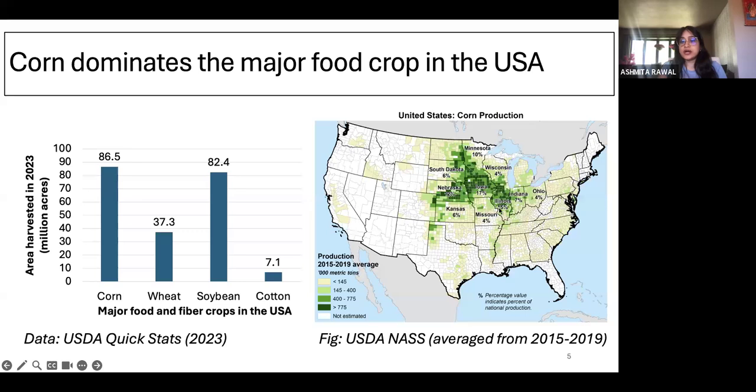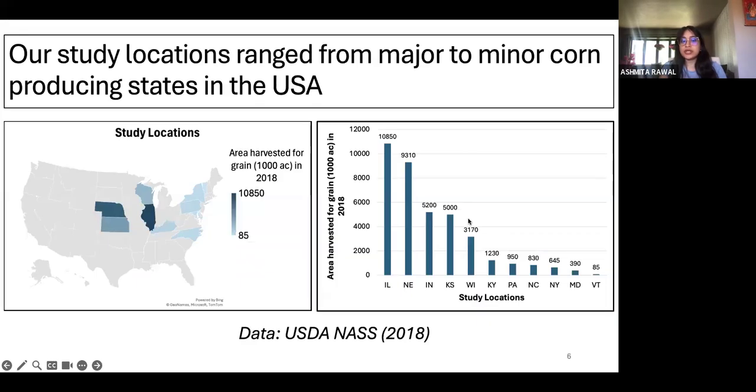It includes states like Illinois, Nebraska, Iowa, Wisconsin, Kansas, Indiana, and Minnesota, and most of these are in our study locations as well.